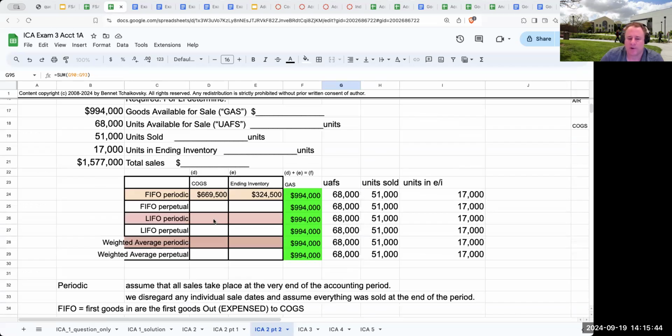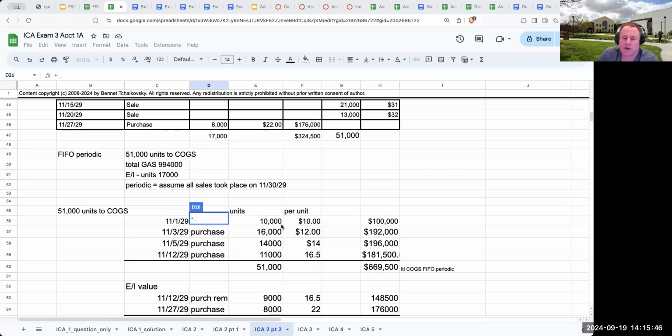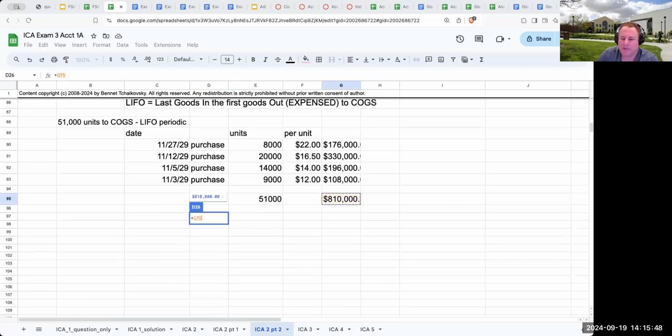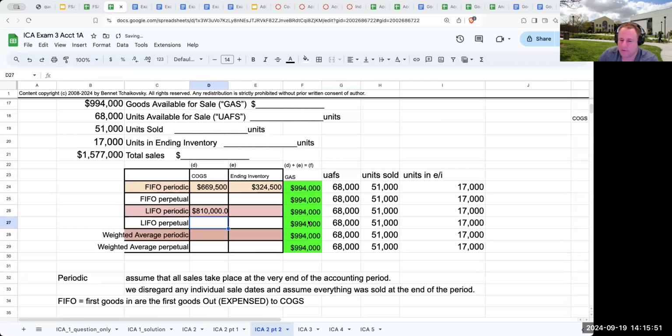So I've got 810,000 coming in for LIFO periodic. Okay. Now, my ending inventory, right? Easy to do. My goods available for sale minus my cost of goods sold means it's 184. 184 plus 810 gives me 994.